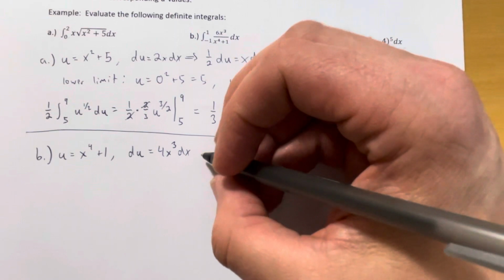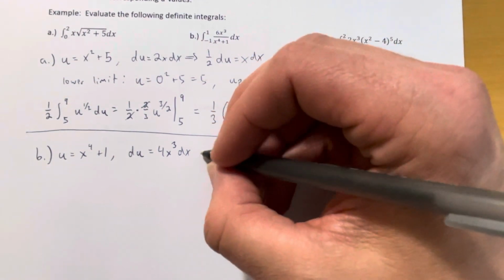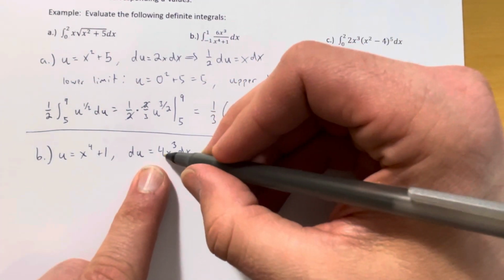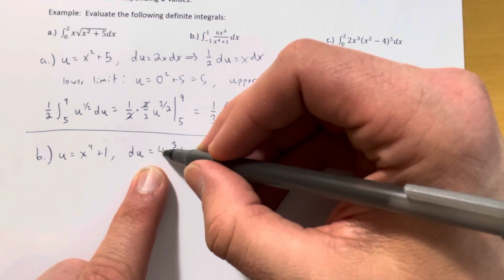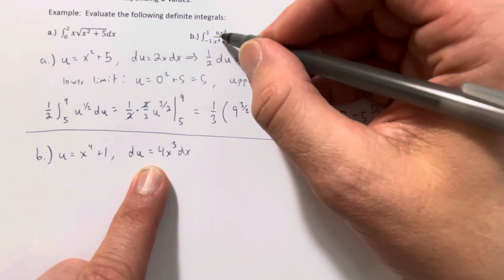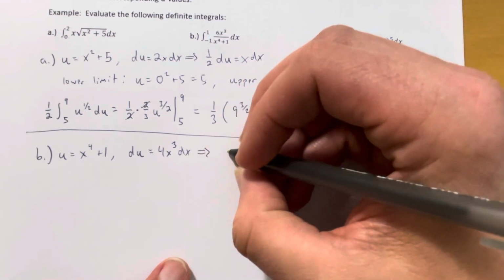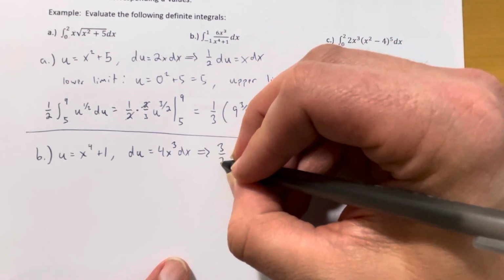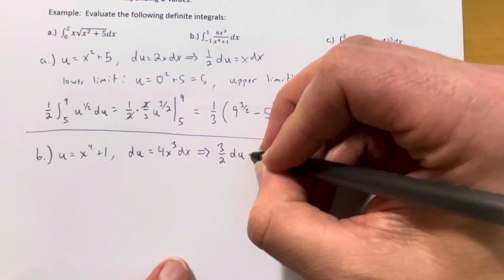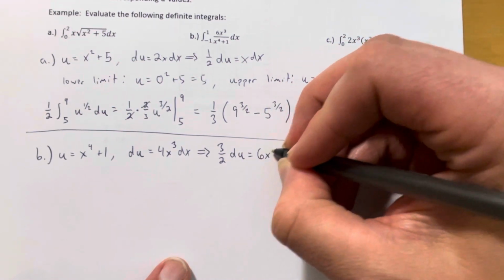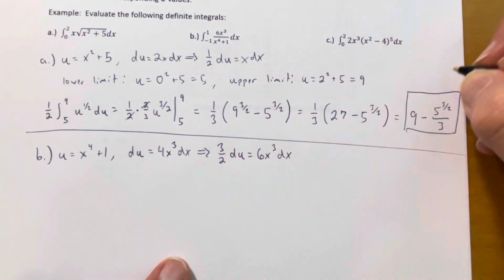But we have found a way to fix that. You multiply by the reciprocal of the number here times the number here. So 6 over 4, or 2/3. I'm sorry, 3/2. If I multiply both sides by 3/2, I get 3/2 du equals 6x cubed dx.